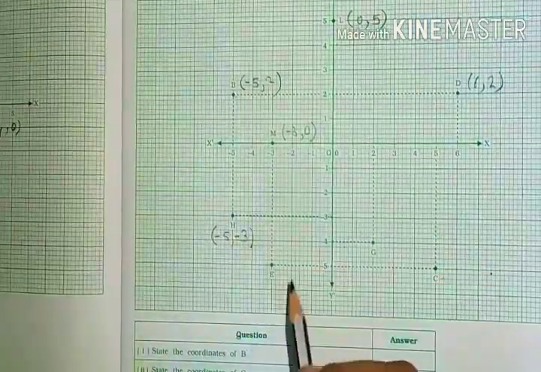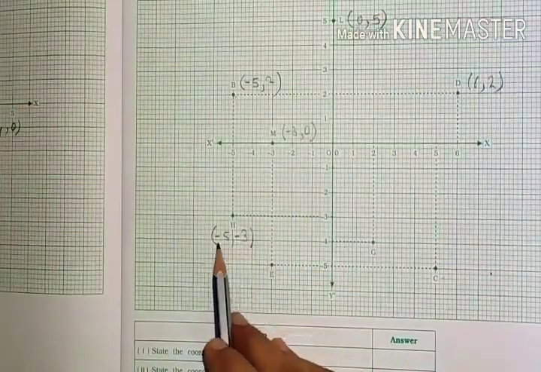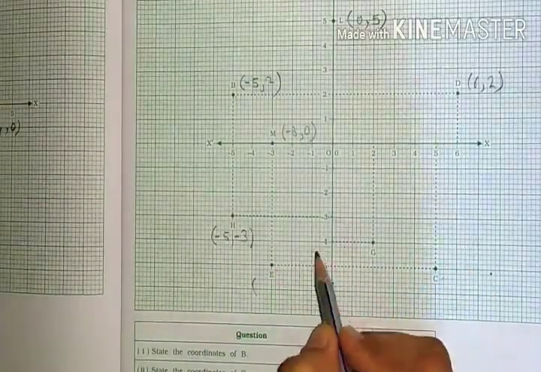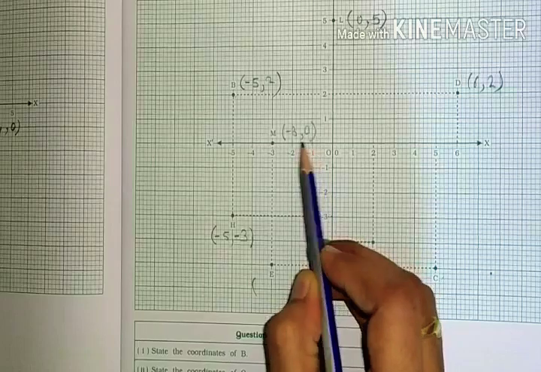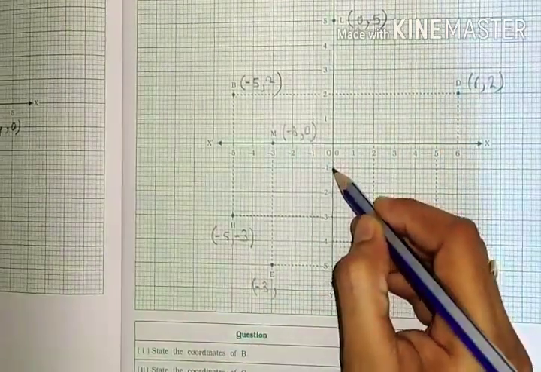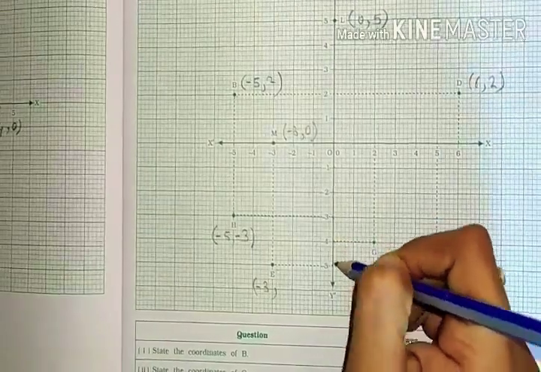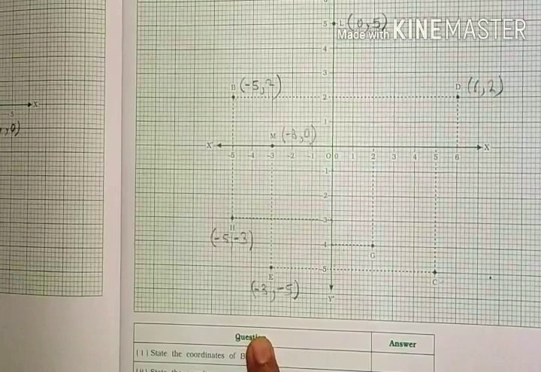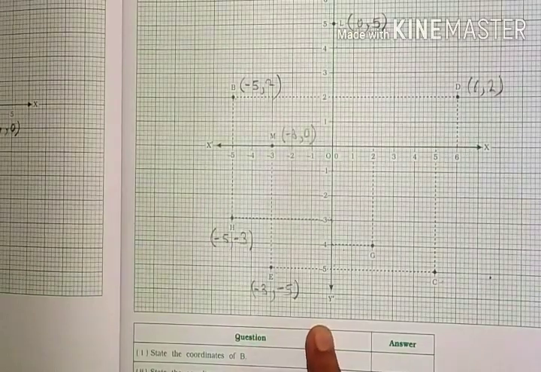Therefore the point H is (-5, -3). Similarly, the coordinates of E. How much is E going in x? -1, -2, -3. And in y? -1, -2, -3, -4 and -5. The coordinate of E is equal to (-3, -5).